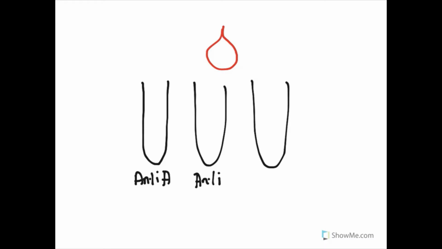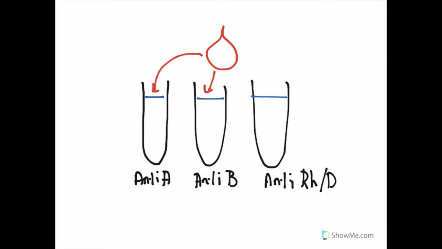Now I know you're like, oh, I'm getting tired of them always doing that, but it's probably better to practice it as many times as we possibly can. Now what we're going to do is we're going to take this, again, we have these serums, these liquids that have these antibodies in it.